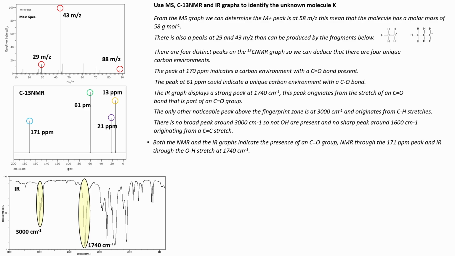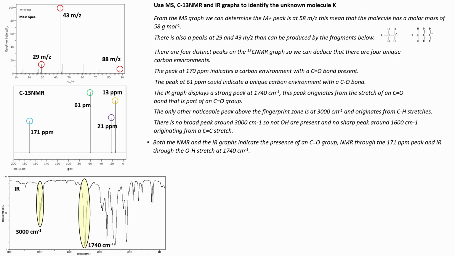Okay, so if we go back and look at integrating, or putting two bits of information together that support each other to say something is there. Both on the NMR graph here, at 171, we can see that there is evidence of a carbon-oxygen functional group, and we can see that also from the 1740 peak in the IR.